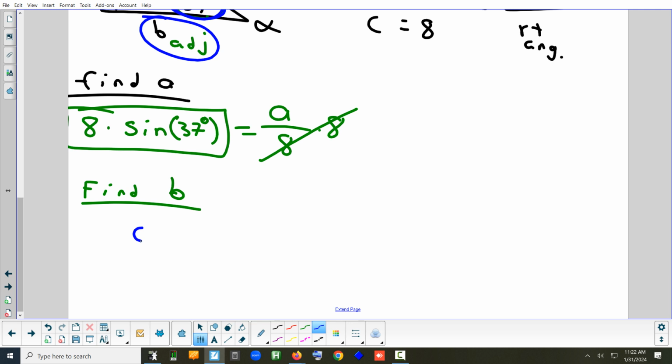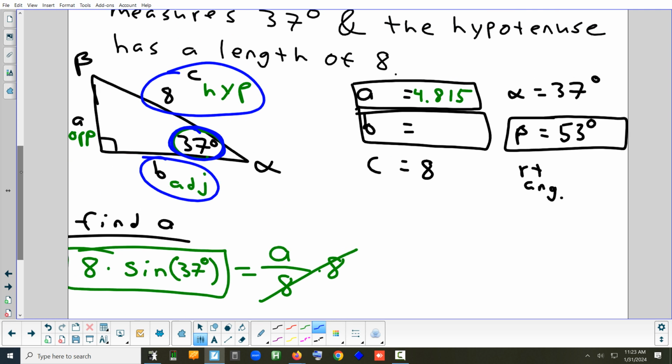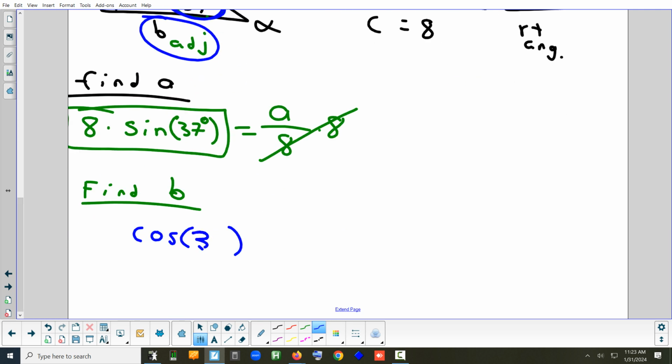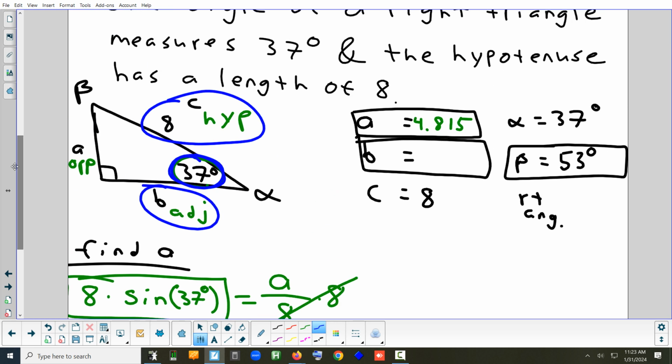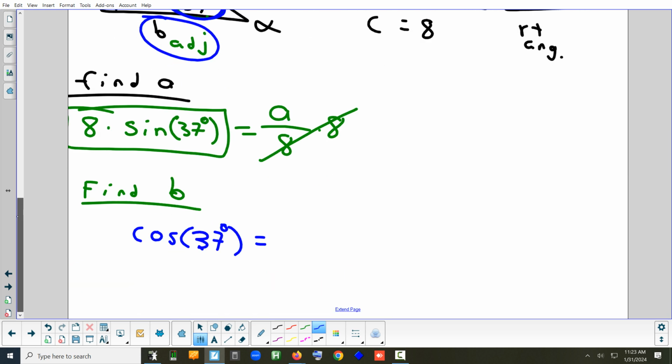Cosine, yep. So it's the cosine, and then you always fill in the angle that you're using. 37 degrees. Cosine 37 degrees, and cosine is adjacent over hypotenuse. B divided by 8.